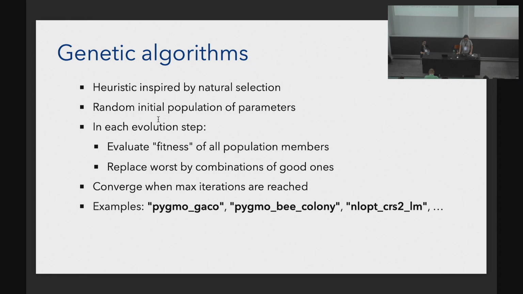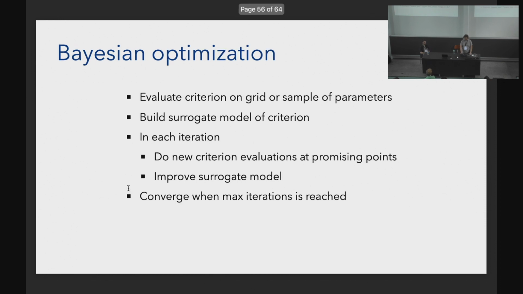In each evolution step, they evaluate the fitness function, or the criterion function, on the whole population of members, and then they replace the worst members by some kind of combination of the better ones. There are different strategies for that, the different genetic optimizers use different strategies, and sometimes you can influence that. Here you also typically converge when you reach some computational budget, and not when you hit a flat spot, because that wouldn't tell you very much about whether you found the global optimum or not.